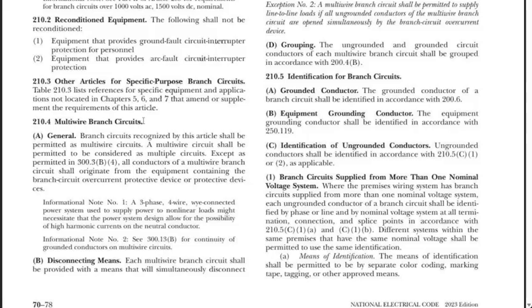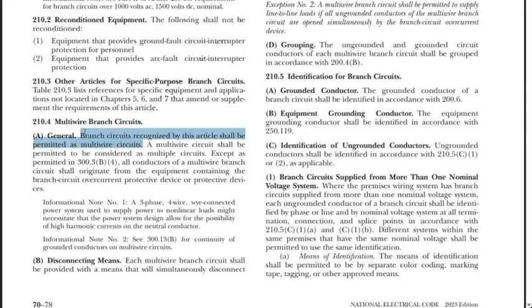You can read it now, and maybe it makes a little more sense, but I'm still going to break this down. It says in the general A note, branch circuits recognized by this article shall be permitted as multi-wire branch circuits.